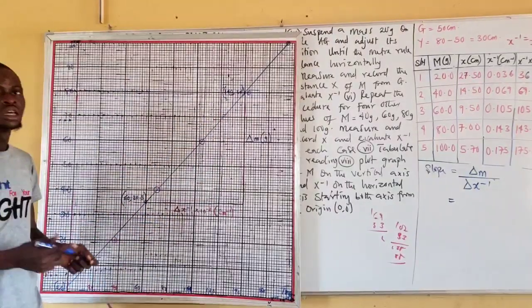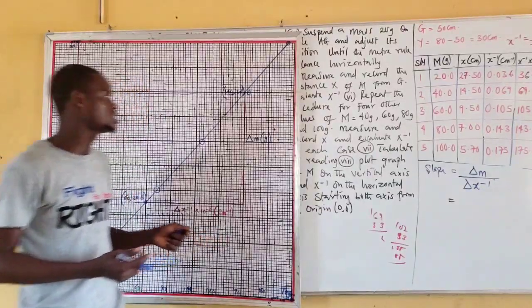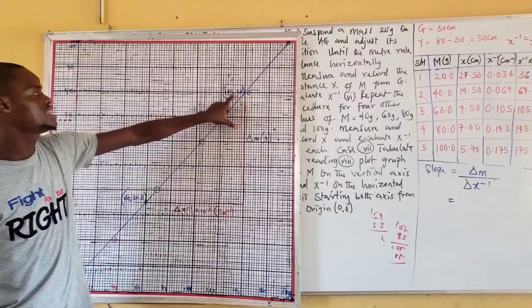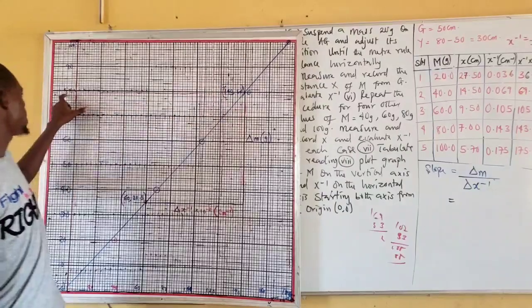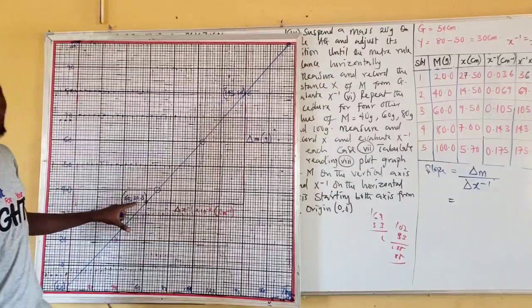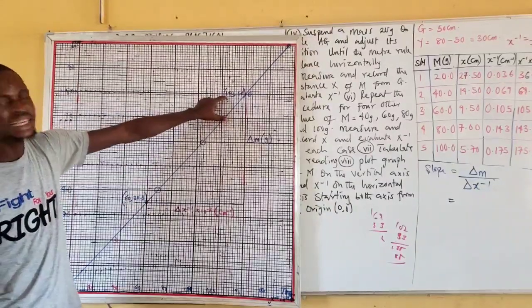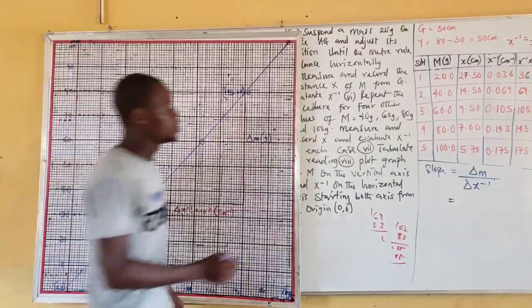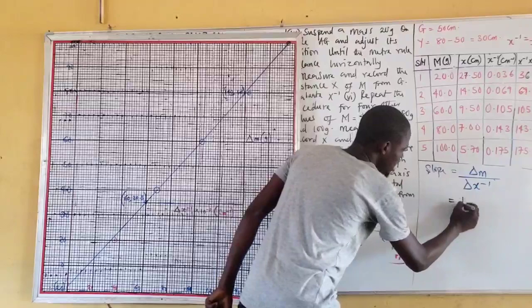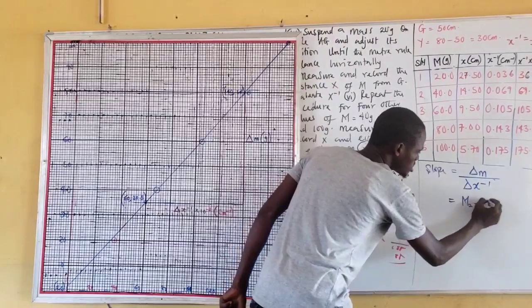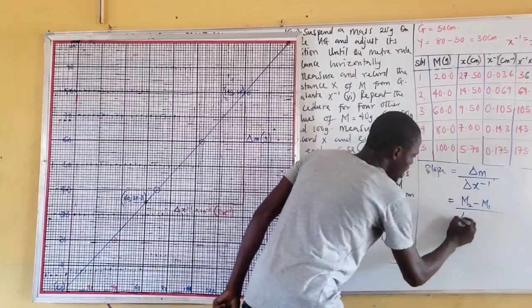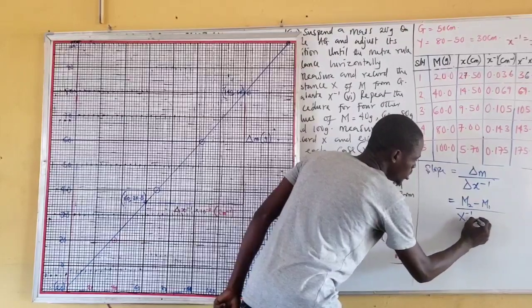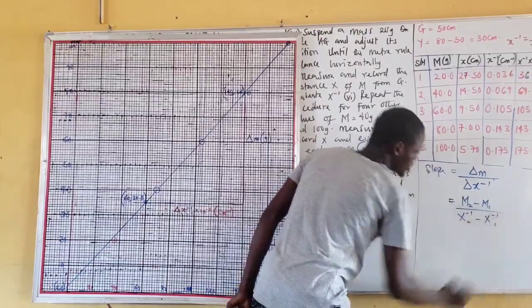And in mathematics, let me just chip in coordinates. Coordinates simply means this one here is my M2, this one is my M1, this one is S inverse 2, and this one is S inverse 1. So my change in M is M2 minus M1 over S inverse 2 minus S inverse 1.